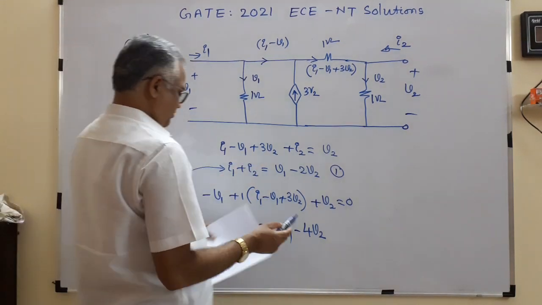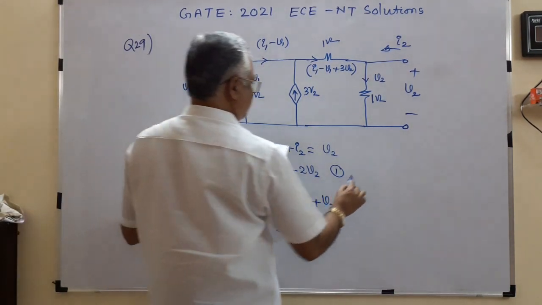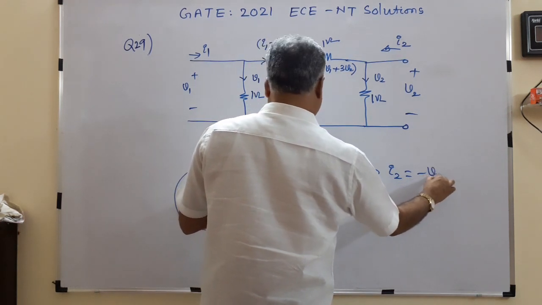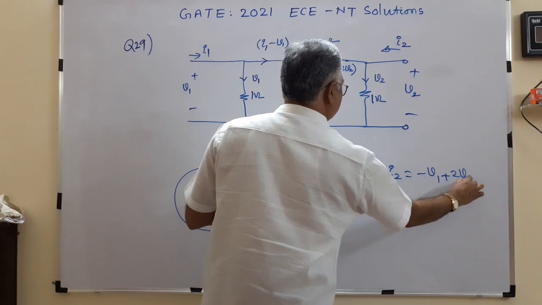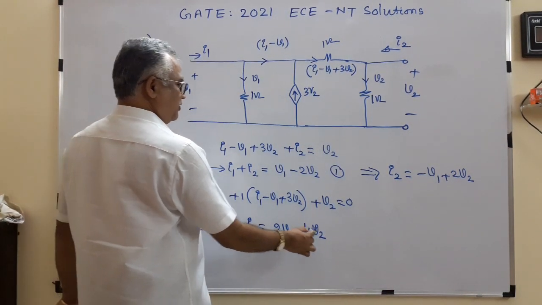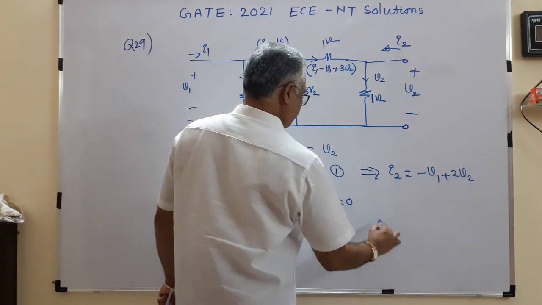Substitute this here and solve for I2. You will get minus V1 plus 2V2. So one is I1 in terms of V1, V2, and I2 in terms of V1, V2.